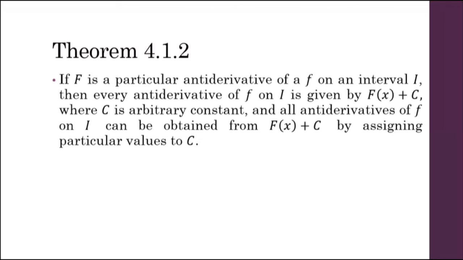Okay, let's consider Theorem 4.1.2. If big F is a particular antiderivative of small f on an interval I, then every antiderivative of small f on I is given by big F of x plus an arbitrary constant c, and all antiderivatives of small f on I can be obtained from F of x plus c by assigning particular values to c.